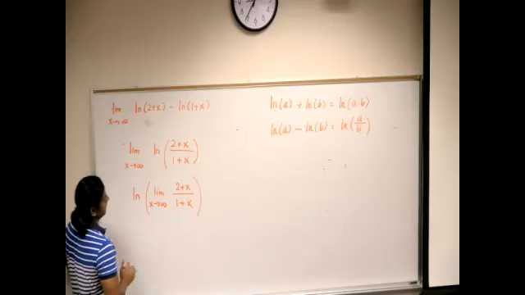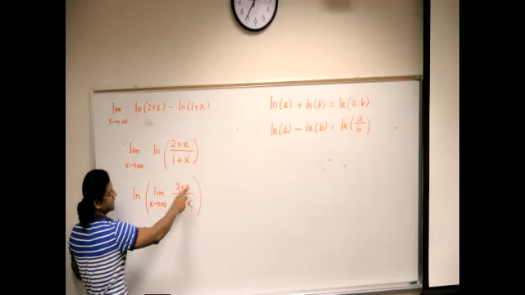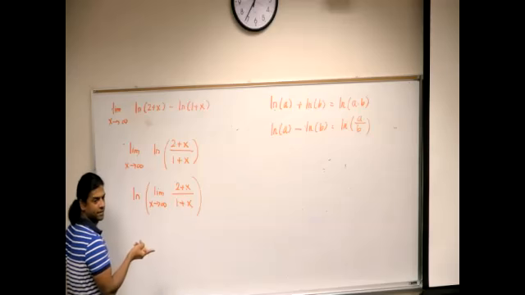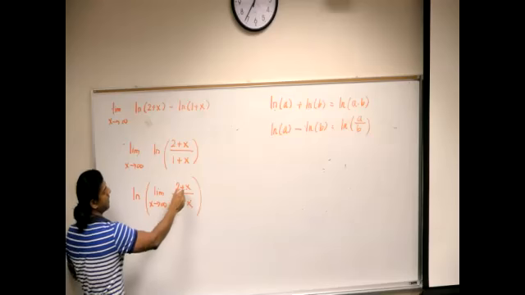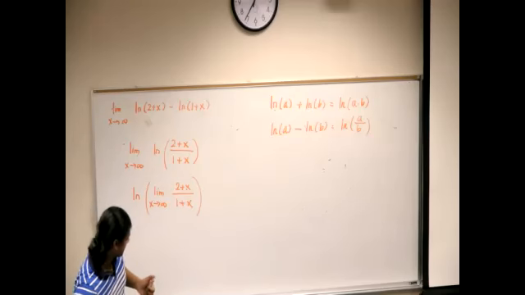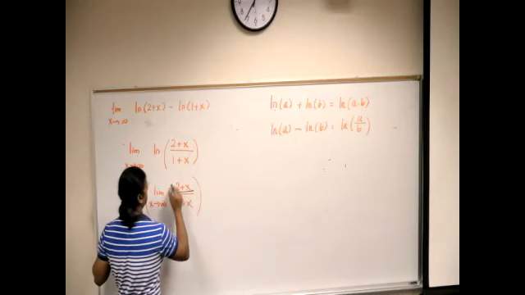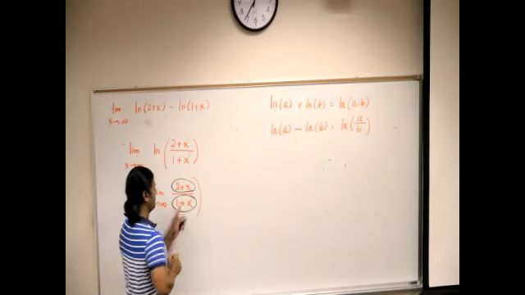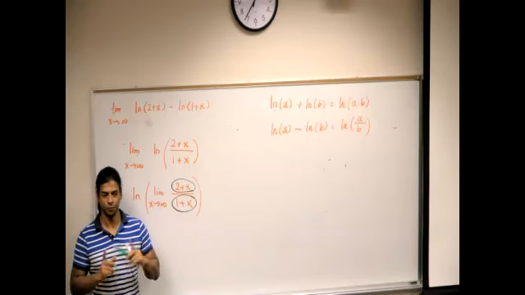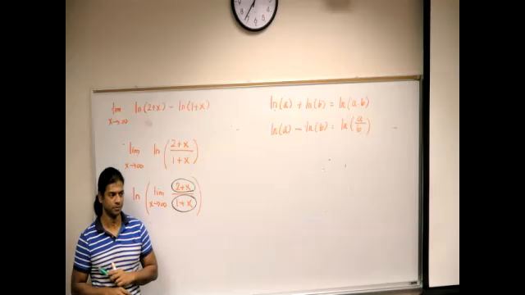So if you look at this function that is inside, that is a rational function, correct? You have a polynomial divided by polynomial. What is the degree of the polynomial? 1. Are they equal?